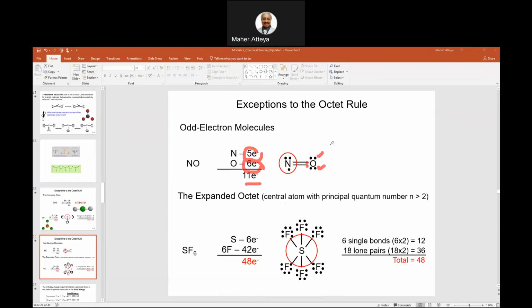So oxygen is good, the octet rule is okay. However, nitrogen here, look at this. 2 and 2, that's 4, 5, 6, 7. It's missing 1 electron. So therefore, an odd electron molecule like this one has an odd electron, called a free radical.